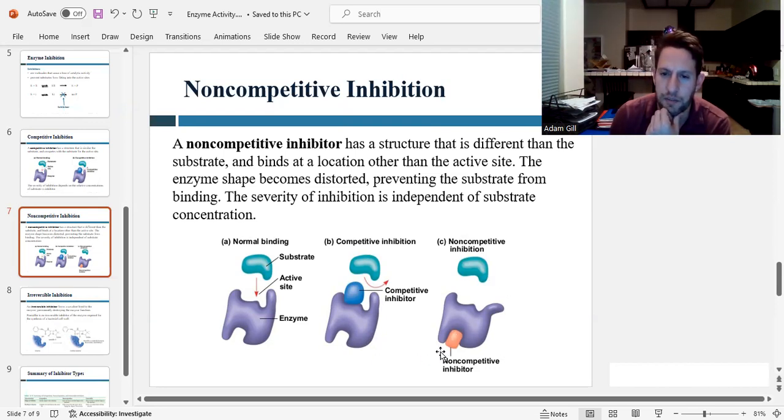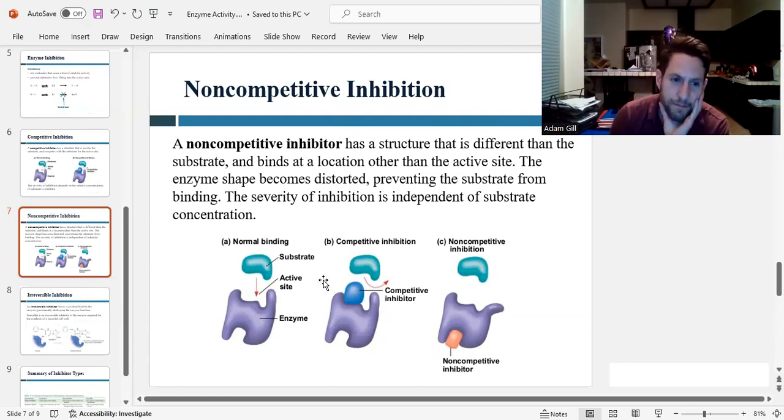So non-competitive inhibitor binds on the outside, changes the shape of the enzyme enough to where the substrate can no longer bind. These are more serious because it doesn't matter how much substrate you have. They're not competing for the same spot, so it will always be able to bind on the outside.